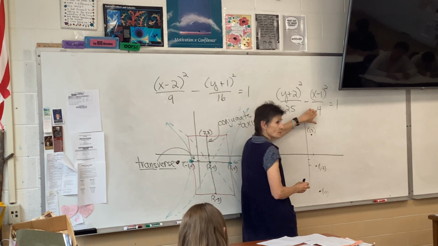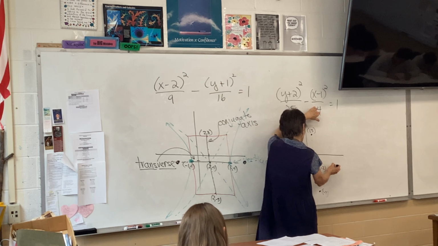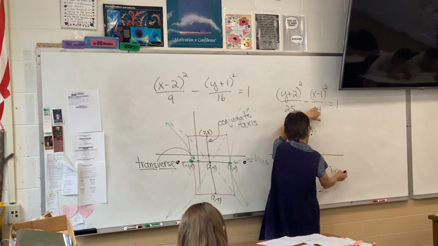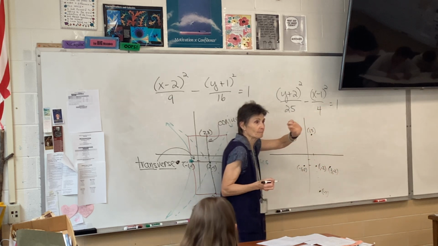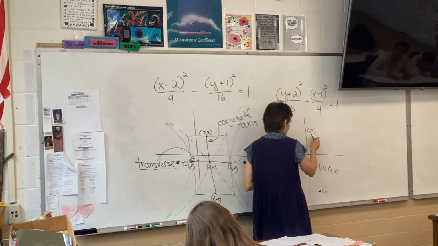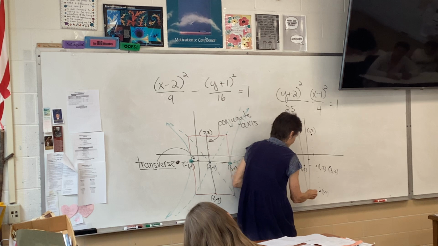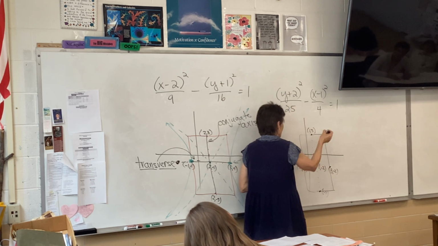And then the 2 tells me to go -1, -2, 3, -2. Everybody okay with those 4 points? So what do I do? Hyperbola, so I build a rectangle, and then draw in the diagonals.